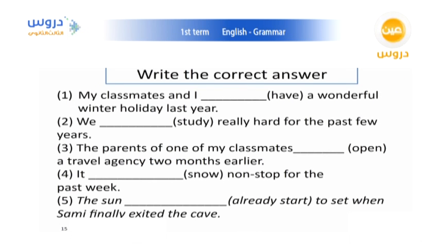And here is the last exercise, we should do it together. My classmates and I had a wonderful winter holiday last year, and it's already clear we should add just had. We just add the word had. We had been studying really hard for the past few years, using the past perfect progressive.